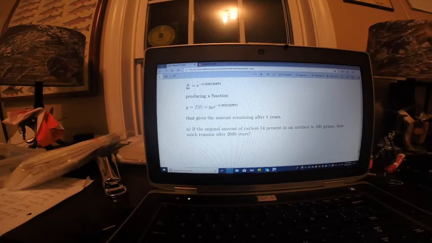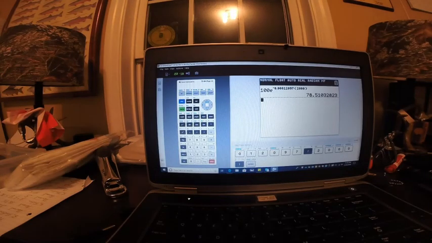So let's do that. Go here to the calculator. We will do second e raised to the negative 0.0001297, times that 4,500.